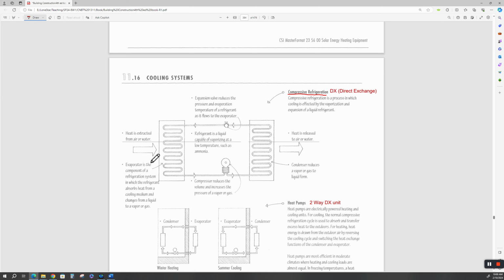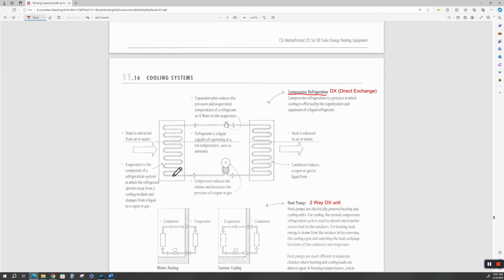So you have a heat exchanger here, and you've got a heat exchanger over here, and you've got a compressor which compresses the refrigerant gas, so this would be the heat's released to air or water on this side, and heat is extracted from air or water on this side.